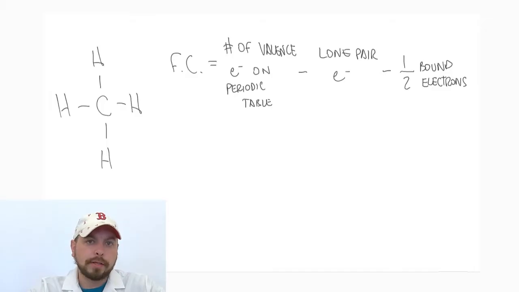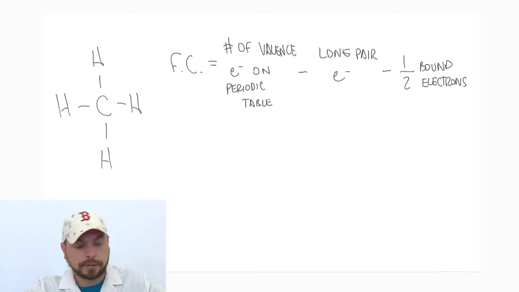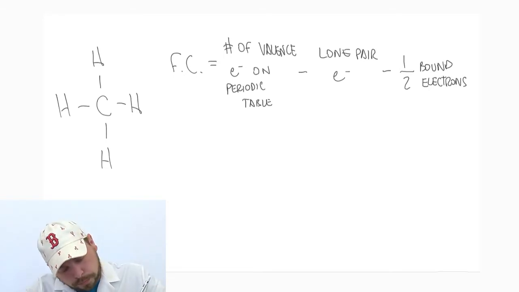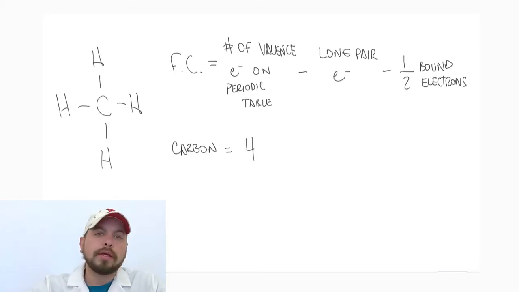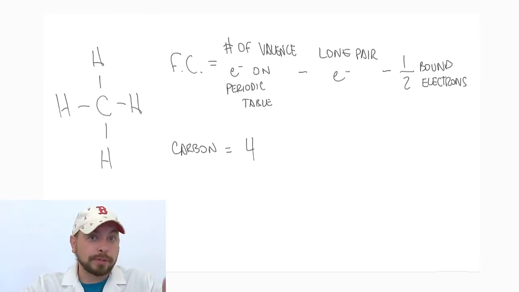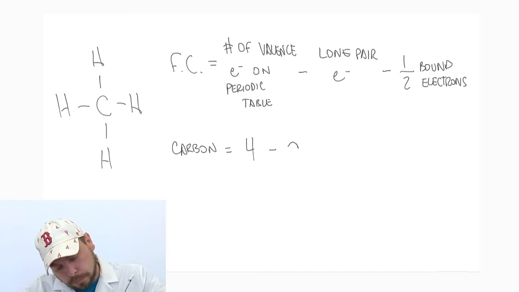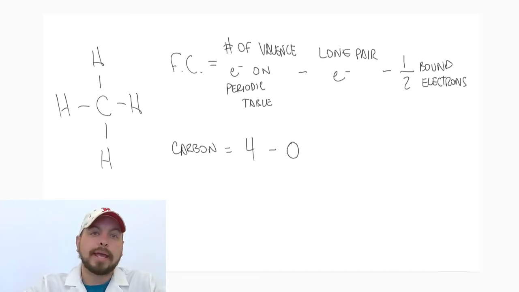Now, carbon on the periodic table has 4 valence electrons. In carbon here, it has 0 electrons in lone pairs, and it has 8 electrons total in bonds, right?